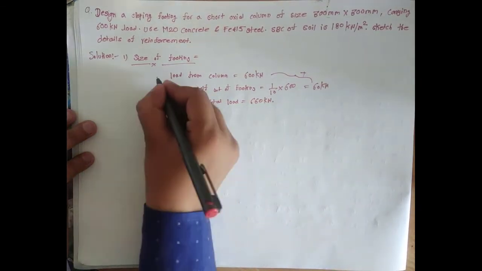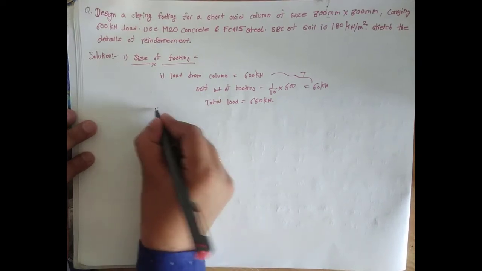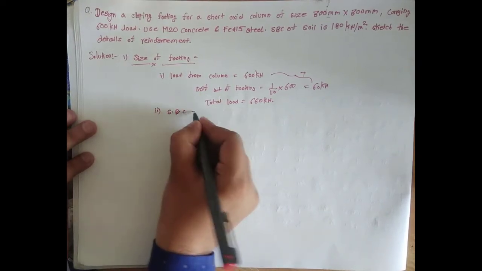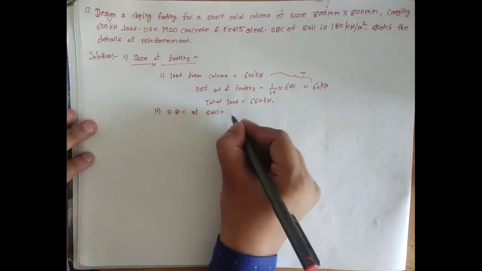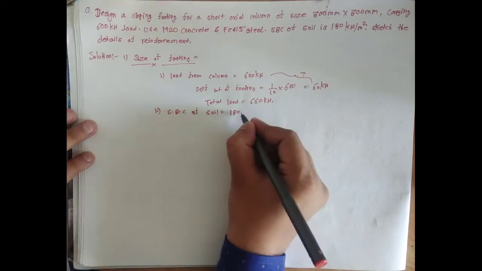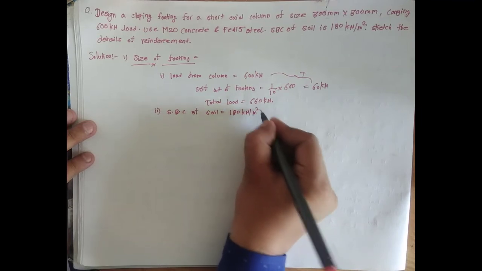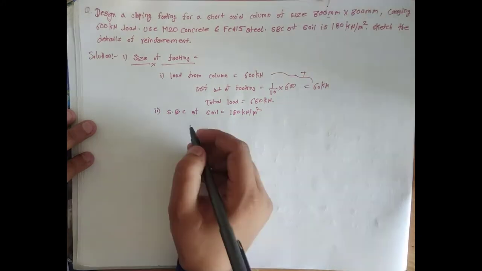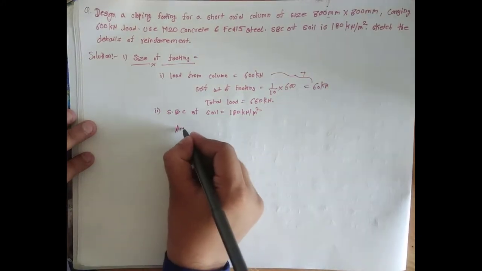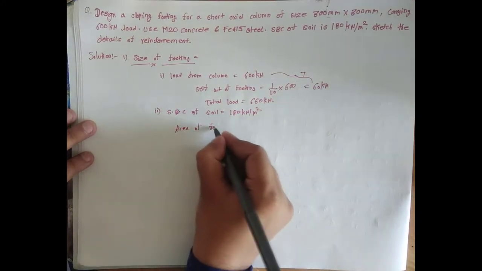Then the second quantity is SBC, the safe bearing capacity of soil, which is given as 180 kN per meter square.